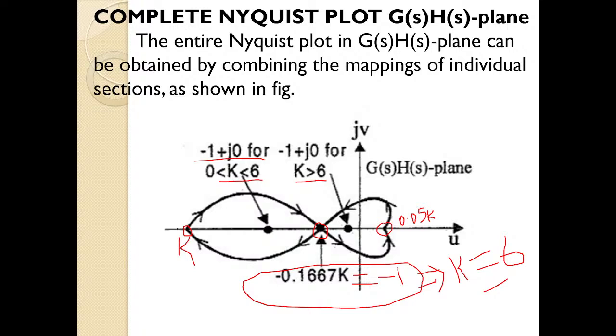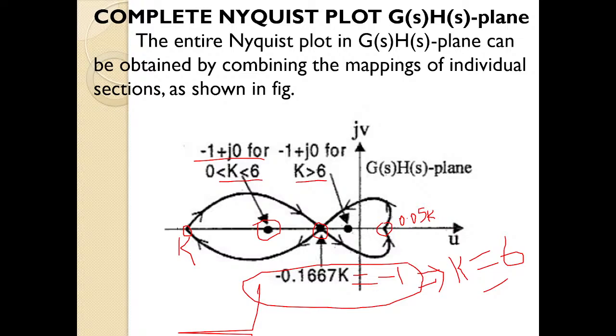So by looking at this diagram, what can we say?